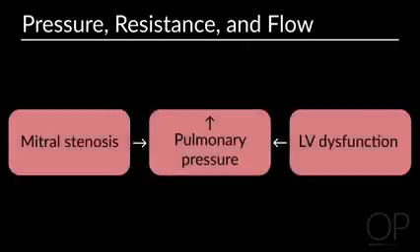In this case, the only way to reduce the pulmonary pressure is to fix the mitral stenosis or to sustain the contractile function of the left ventricle, thus improving its function.